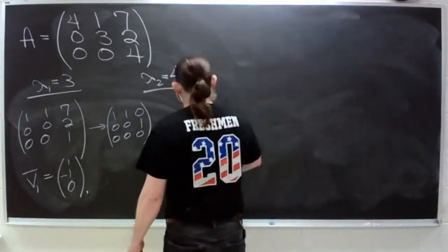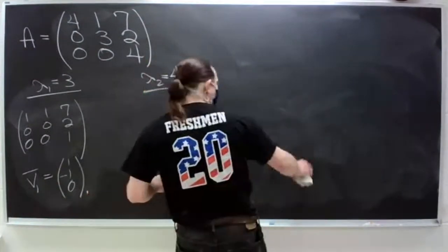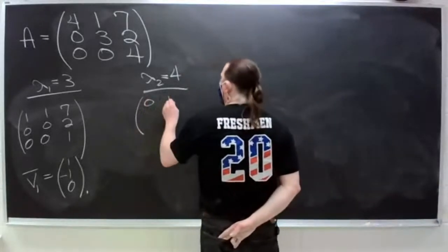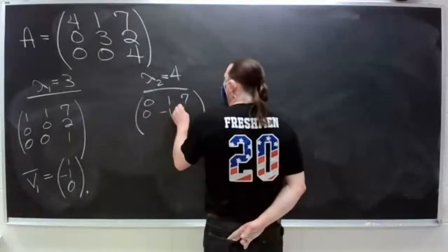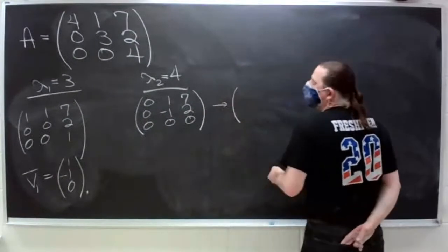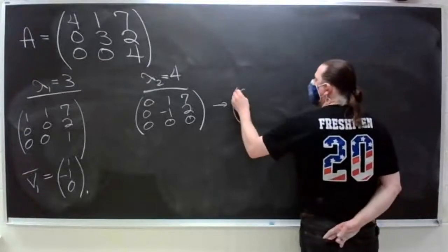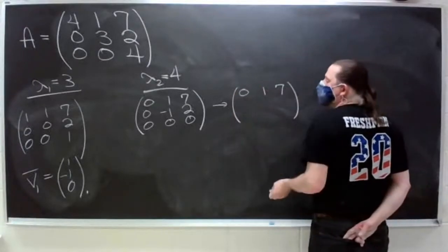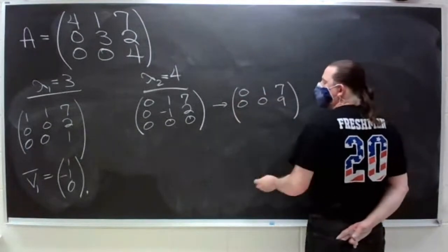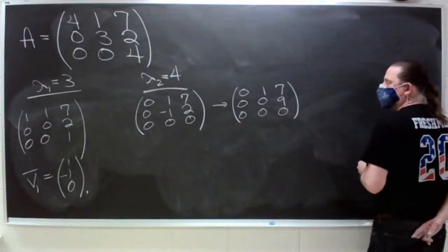What about my eigenvectors associated with eigenvalue 4? Well, now I'm subtracting 4 from the diagonal. So I have 0, 1, 7, 0, negative 1, 2, 0, 0, 0. All right, how does this row reduce? Well, I could do 0, 1, 7, 0, 0, 9, 0, 0, 0.